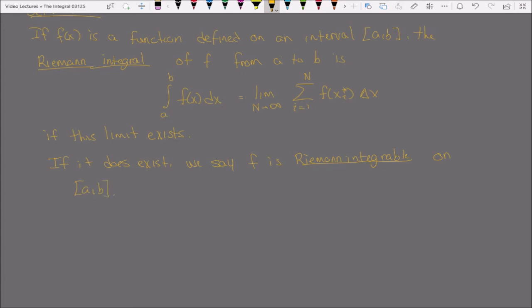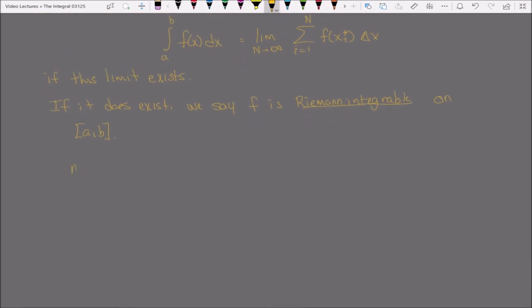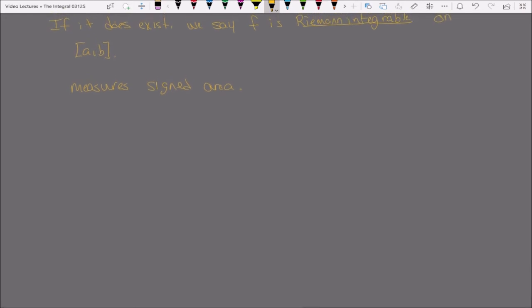Now, this is how we defined area under a curve. So, the Riemann integral measures a signed area, meaning we have something like this.